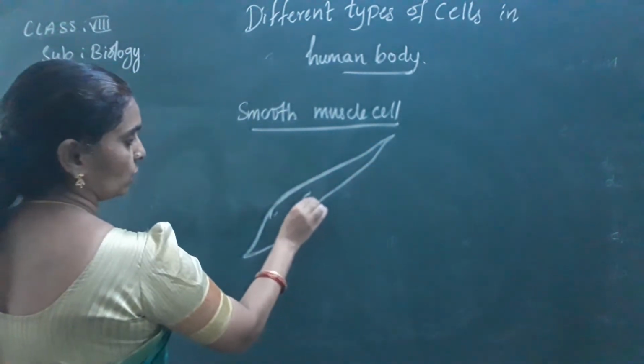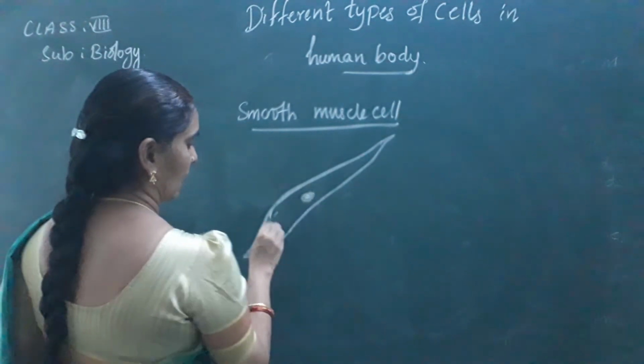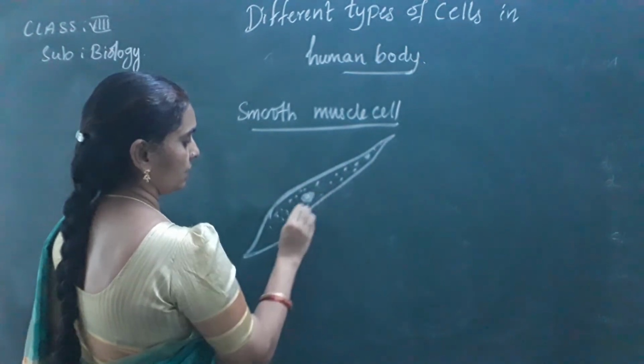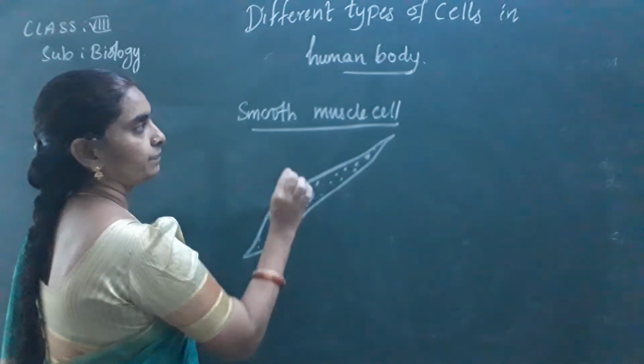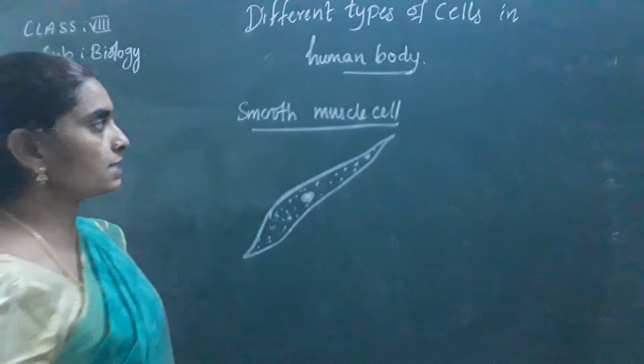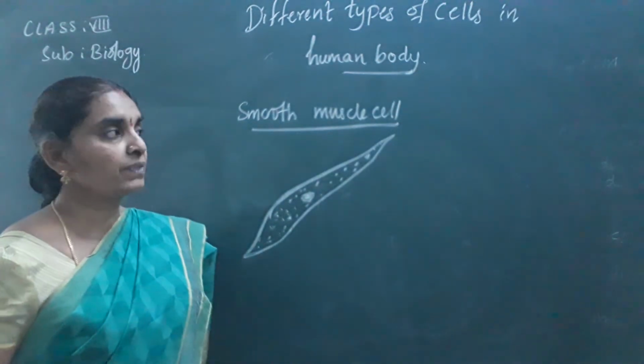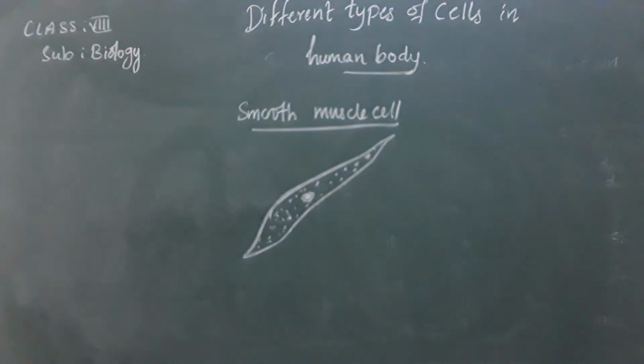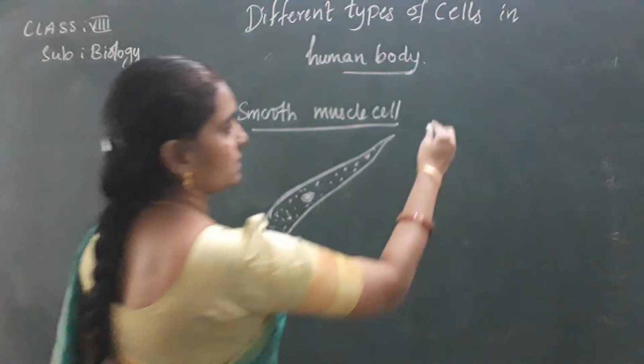It contains a nucleus in between, embedded in the cytoplasm. Okay children, this is the smooth muscle cell. Next, you see the striped muscle cell, how it is.